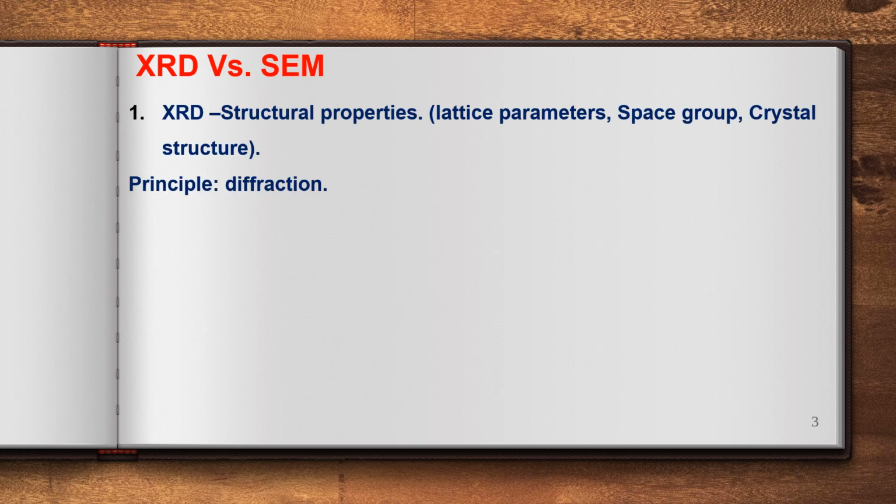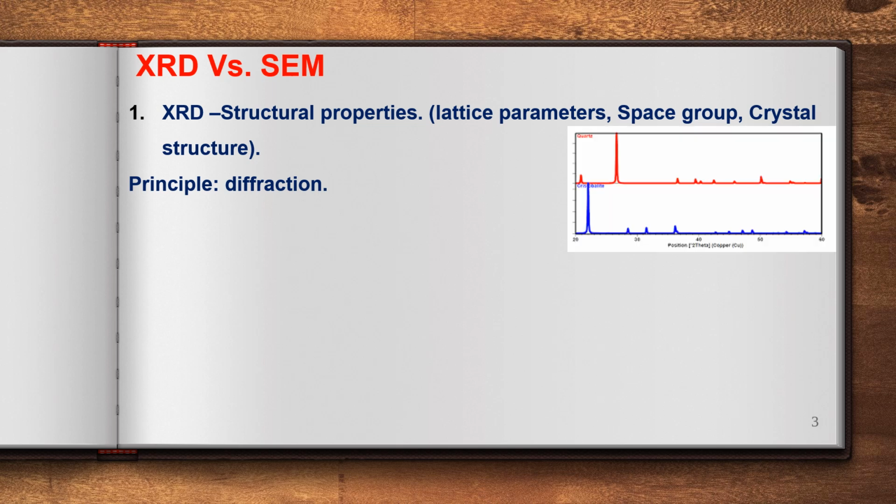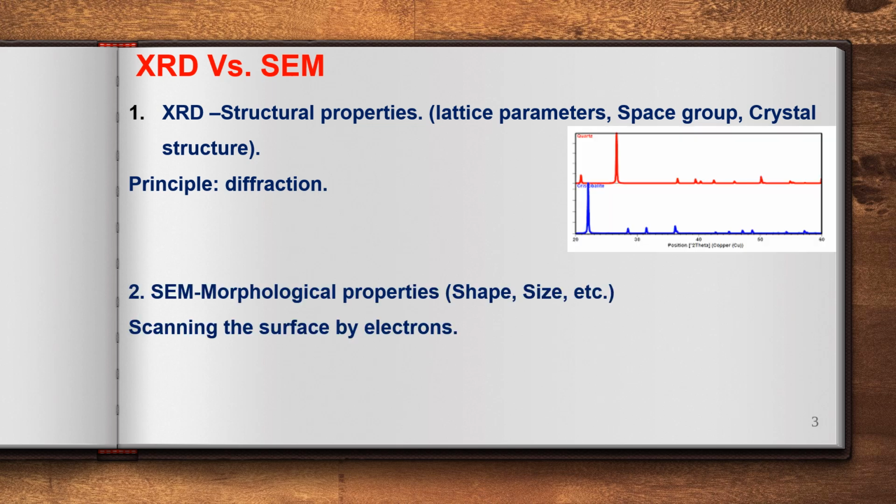Coming to the comparison point of view, I have taken the previously discussed XRD versus SEM. XRD is one of the characterization tools used for materials characterization to understand the structural properties. But SEM is related to the morphological properties like size, shape, and whether there are pores or cracks present on the sample's surface.